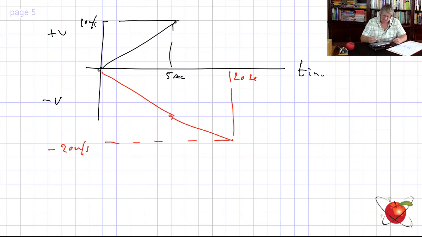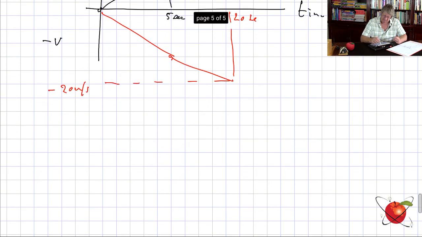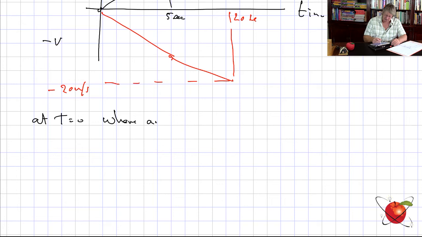At time 0, where am I? Let's ask the question. At t equals 0, what am I doing?